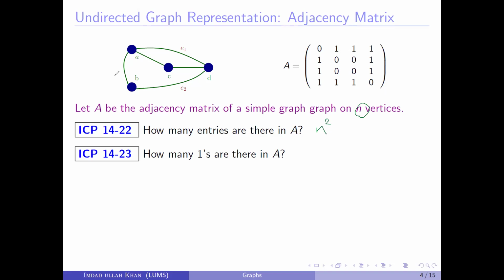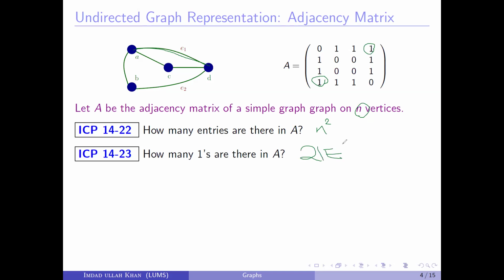That is an interesting observation. If you look at this edge E1, there is a 1 from A to D over here, and the same edge is being counted from D to A. So for each edge, we have 2 ones. So the number of ones is 2 times the number of edges.